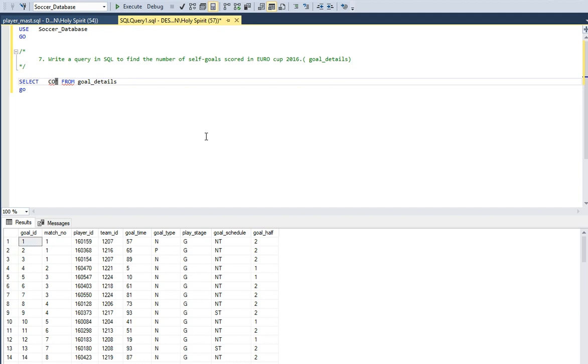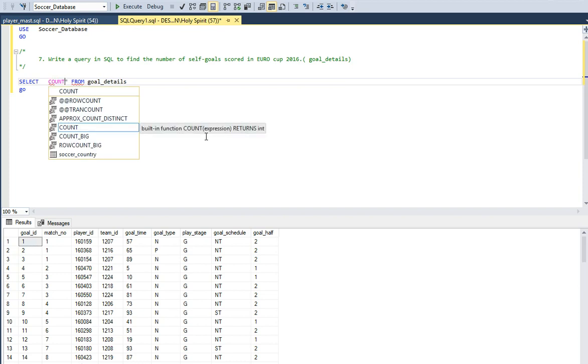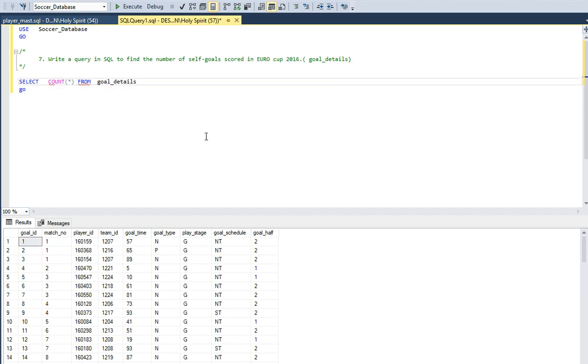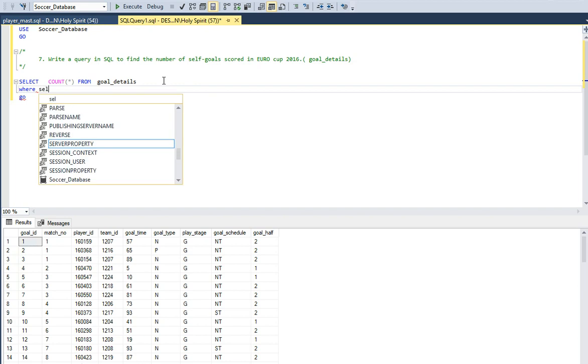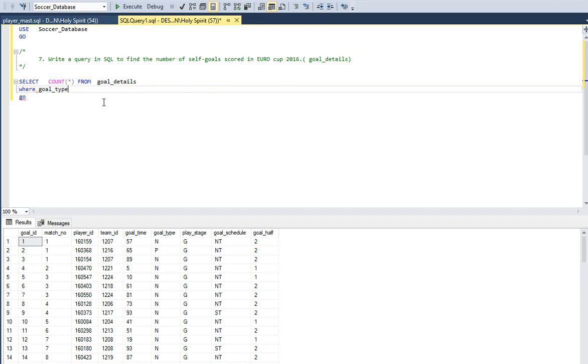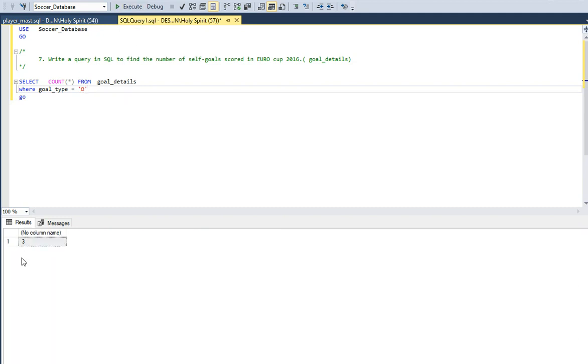Count, where goal type is equal to O, execute. 3 goals.